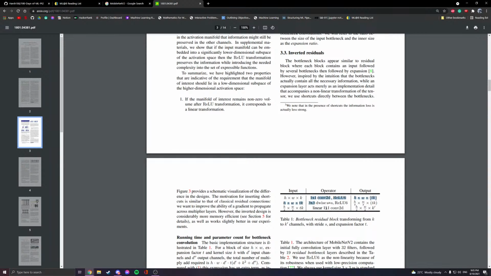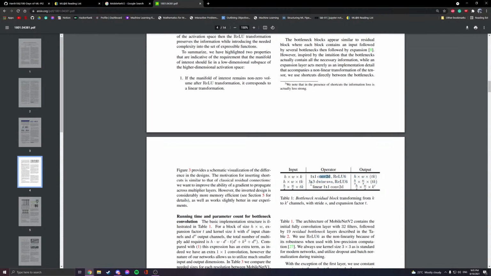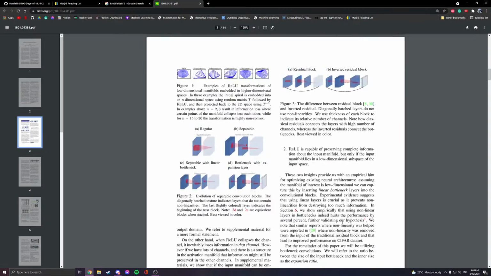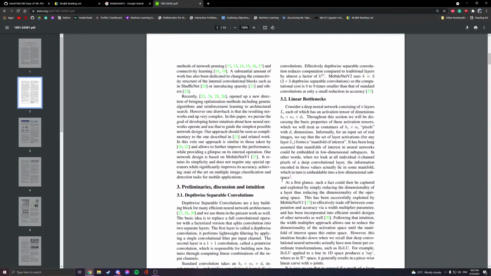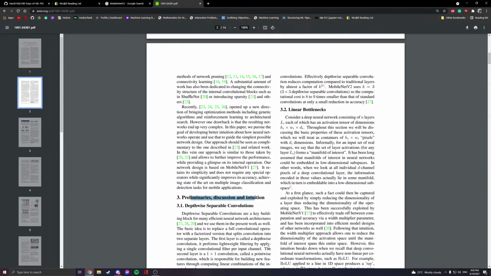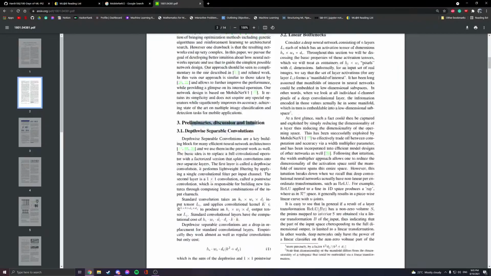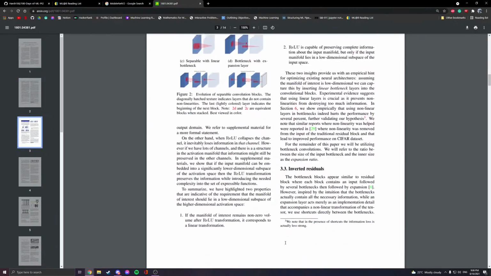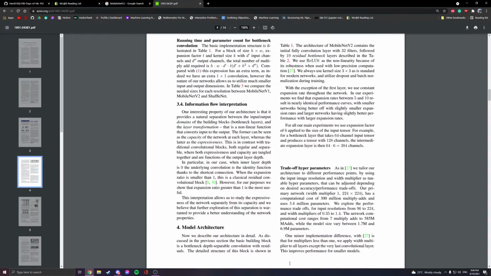And this layer of three layers with 1x1 conv2d, 3x3 dys layer, and a linear 1x1 conv2d essentially makes up what is known as the bottleneck residual block. And so I'm going to go ahead and read the section 3, preliminaries, discussion, intuition, which talks about the linear bottlenecks and the depth-wise separation convolutions, and also the inverted residual blocks.